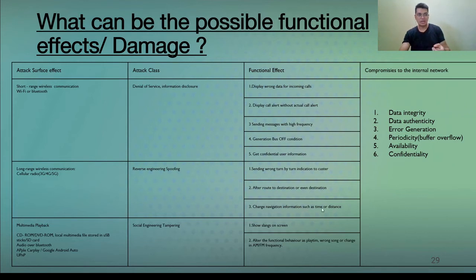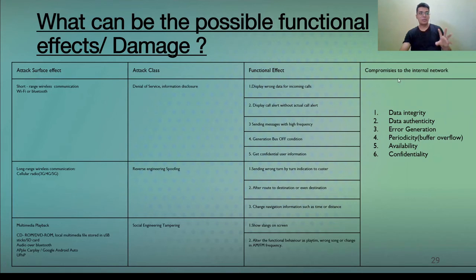You can do all those things which could really put the user in trouble. In the case of multimedia, which could also be done using social engineering tampering, you can show slang on the infotainment screen, or alter the functional behavior of the entertainment things running over your IVI. You can change the songs. Anything you can do over the infotainment system.